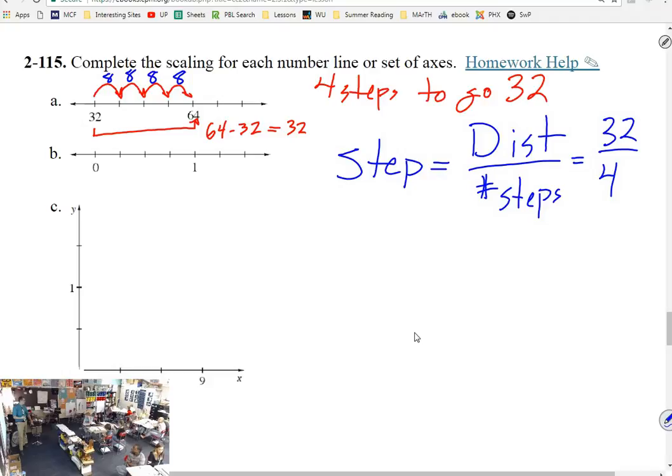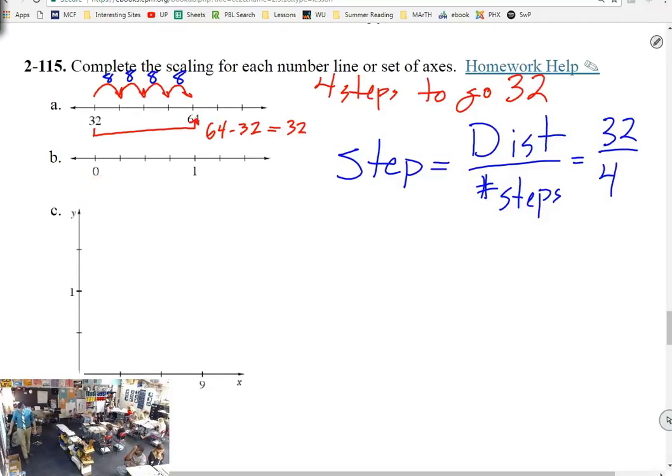Now B, we barely go anywhere. B goes a distance of how far? 1, right? Okay, great. You're so excited.